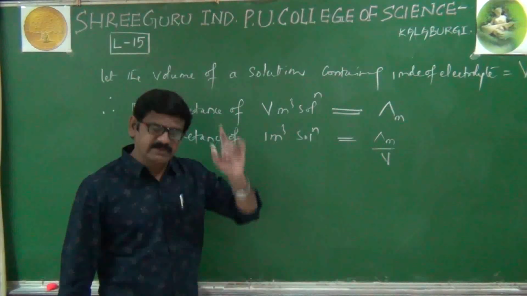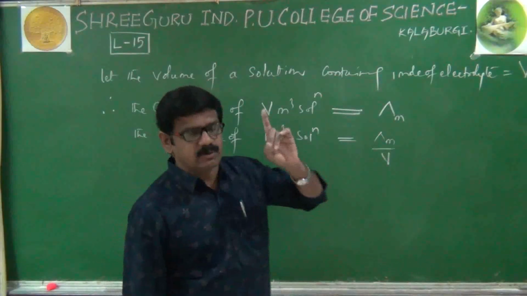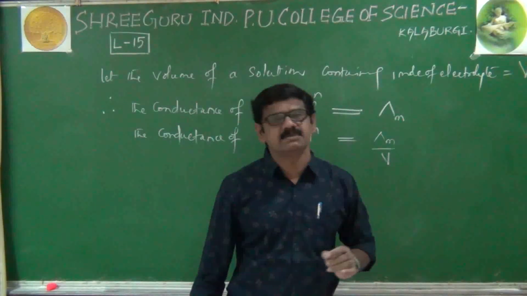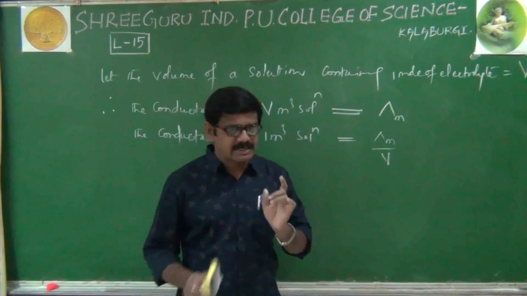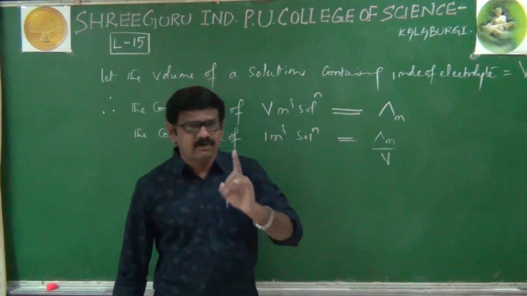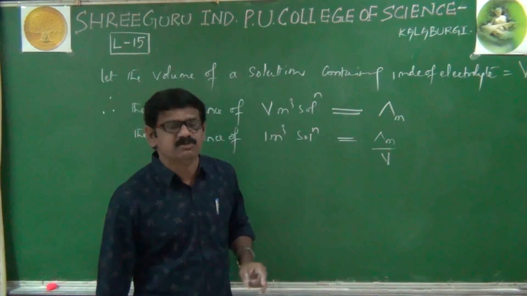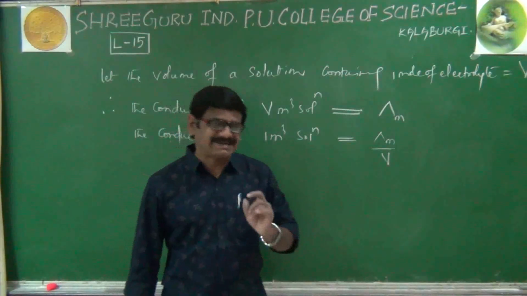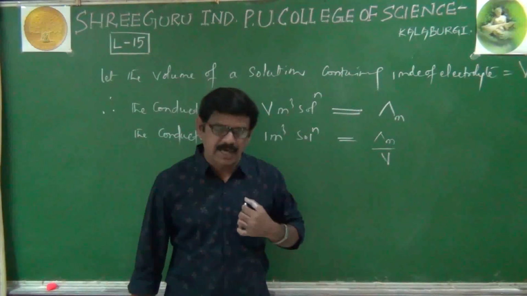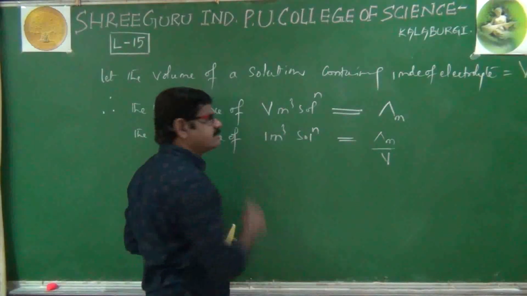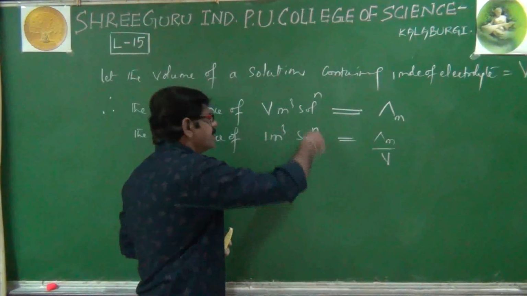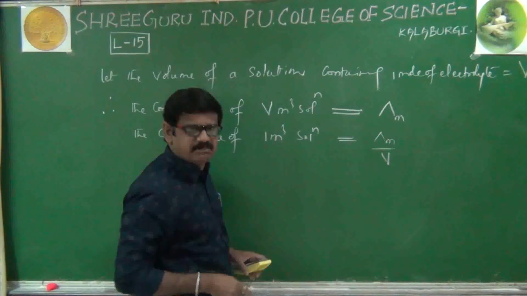Once again we'll go back to conductivity, nothing but specific conductance. What is conductivity? The conductance of 1 meter cube volume of a solution is called conductivity, and here also we have only 1 meter cube of solution. That's why we can replace this with the K symbol.